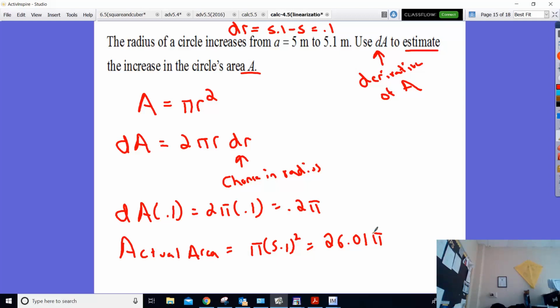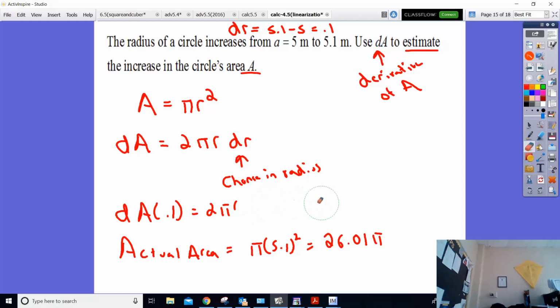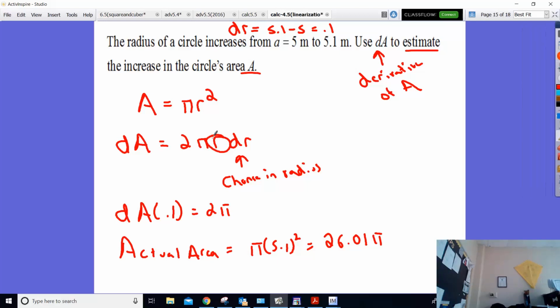What's going on? I did this yesterday and I got 26 pi. Did we forget an R? Yes, we forgot an R. What am I supposed to plug into the R? 5.